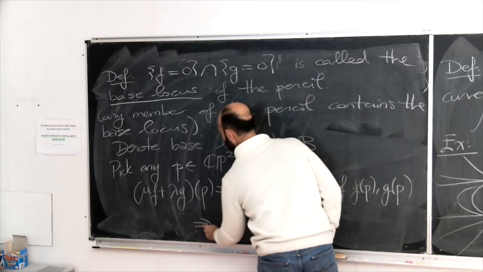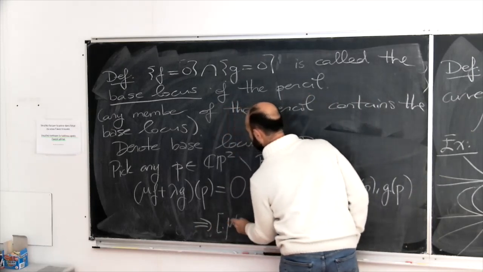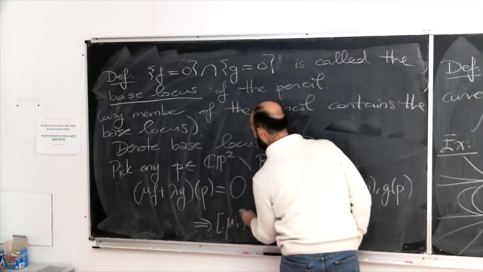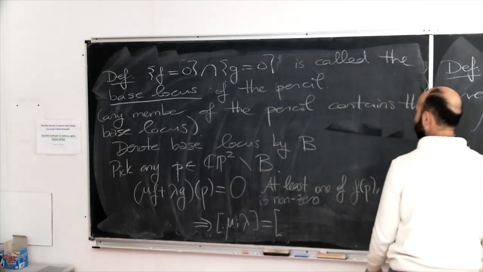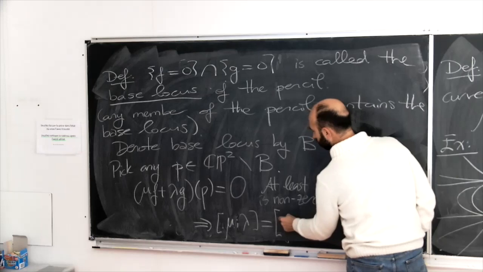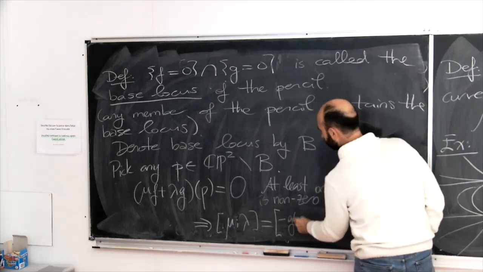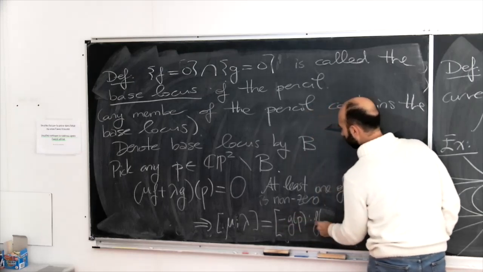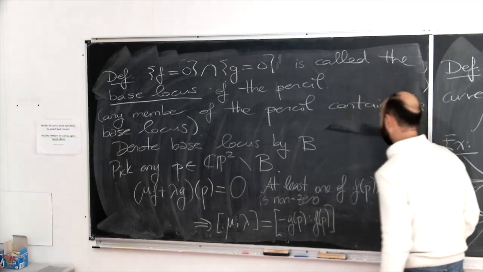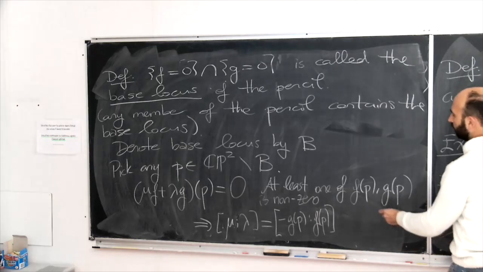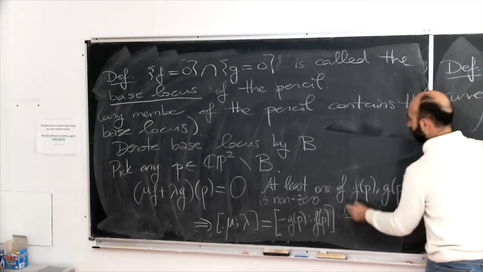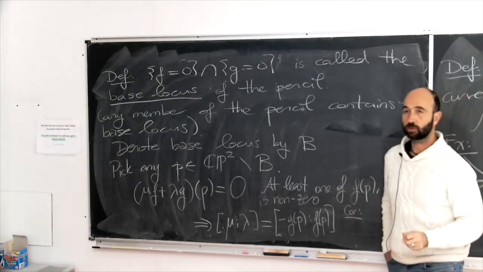I mean, mu and lambda, as a point in CP1, must be equal to (minus g(P), f(P)). So the consequence is, if this point is not in the base locus, then there is a unique member of the pencil which passes through this point.